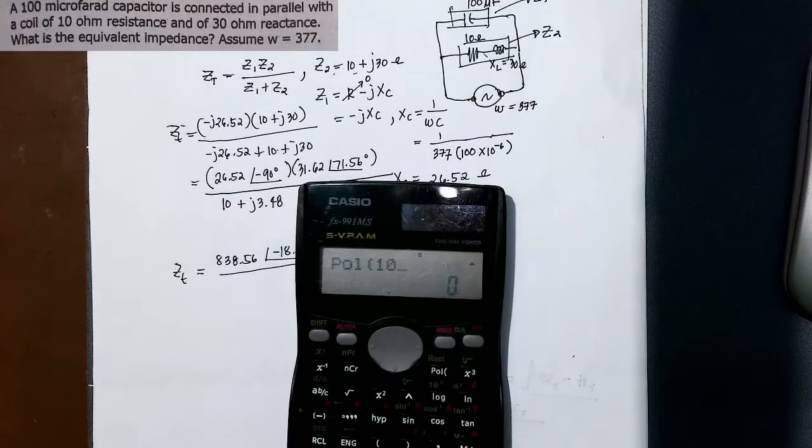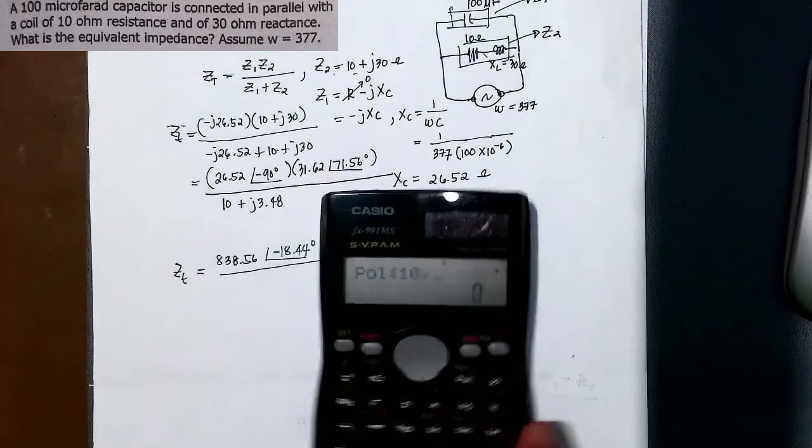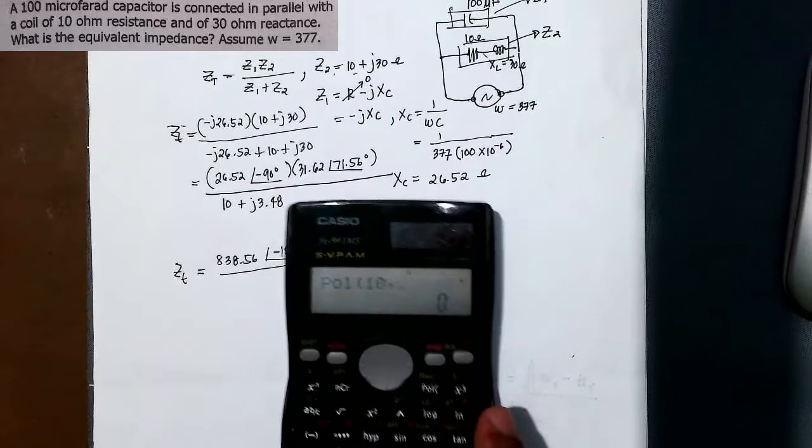Okay, and we change the denominator to polar form. So that will be 10 comma 3.48, from rectangular to polar.